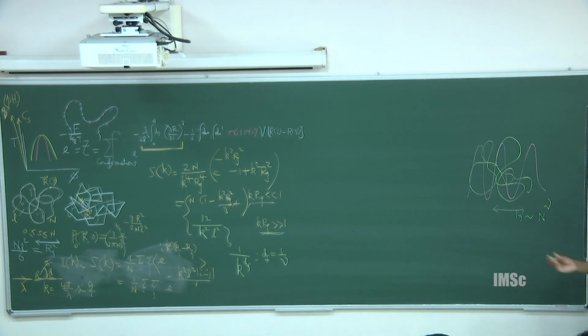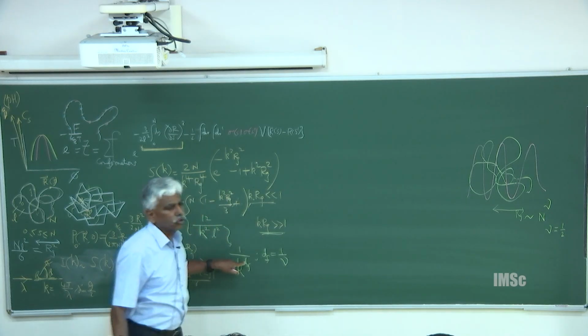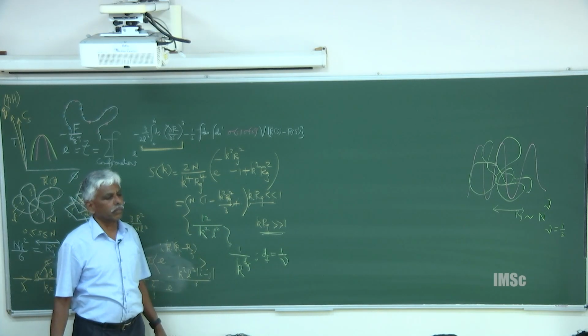That is the relation between the size, the radius of gyration of the polymer, and the number of monomers in that polymer, with exponent nu. And nu is equal to half for this system. For Gaussian chains, nu is equal to half, and therefore I have df to be 2. 1 over half is 2, 1 over k square.